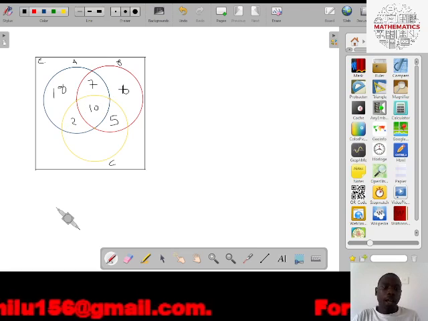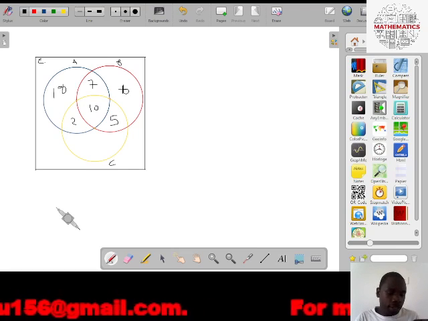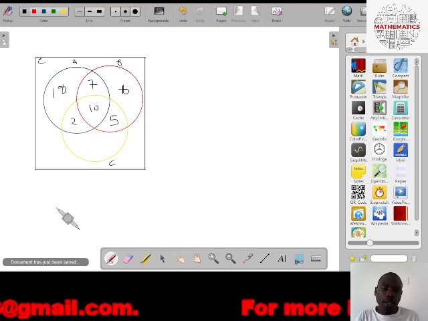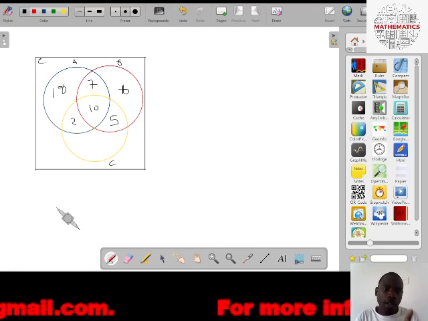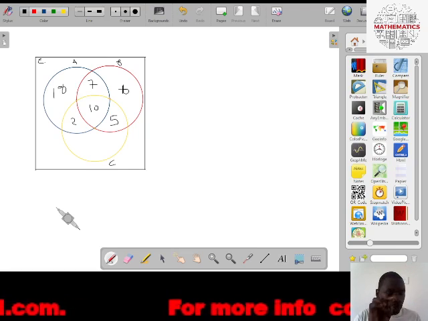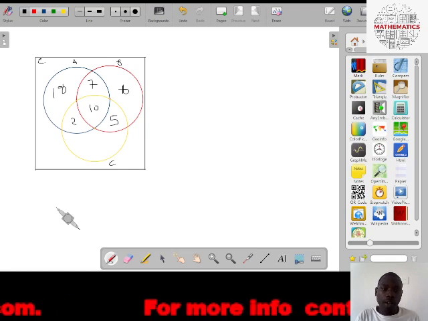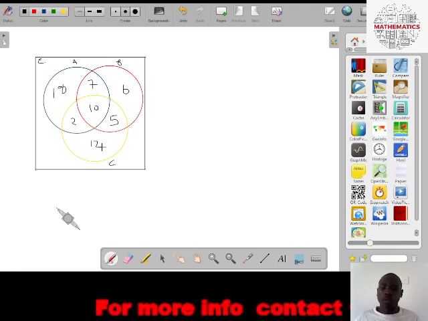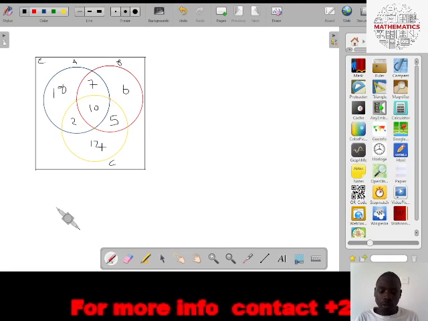And then for C, it says 29 supported team C. So we add as usual: 2 plus 10 plus 5, which is 17. And then 29 minus 17 gives us 12.